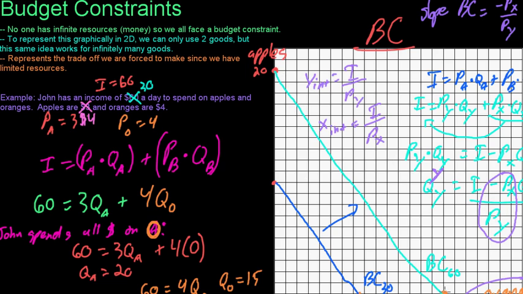So when we're doing this on the graph, I'll do it in this pink, we're going to go up 15. So this was 10, and then we need another 1, 2, 3, 4, 5. So we'll call this budget constraint 60.2 because we're changing things up a little bit.